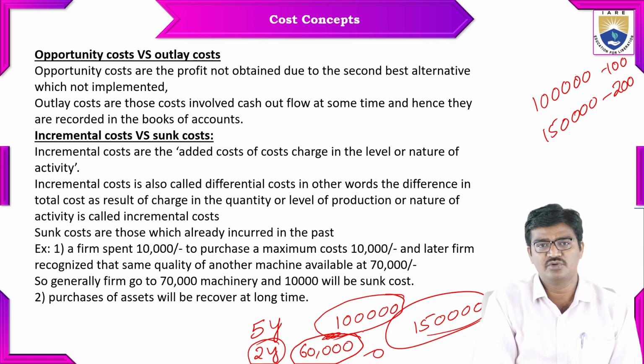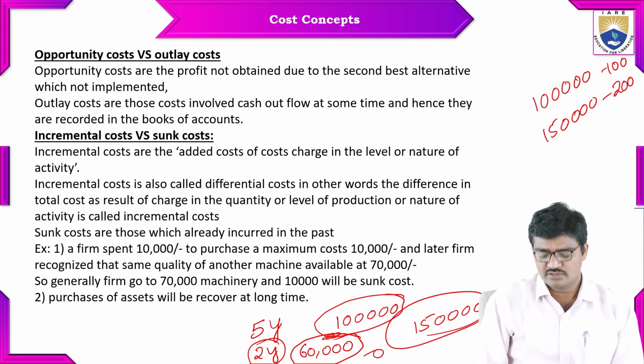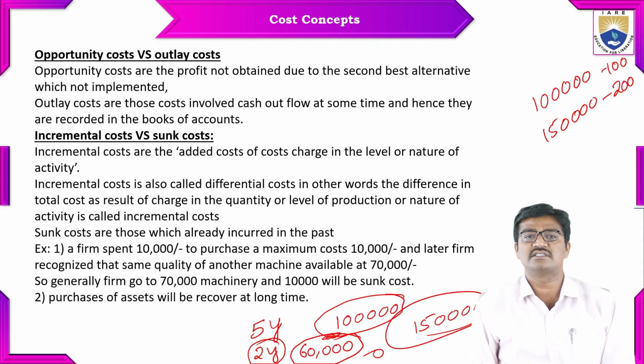It is not used, and this amount of 60,000 could not be recovered. So that's why it is called sunk cost. In this way, incremental cost and sunk cost are differentiated.